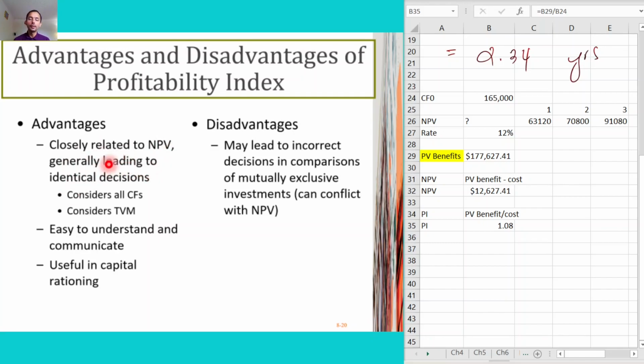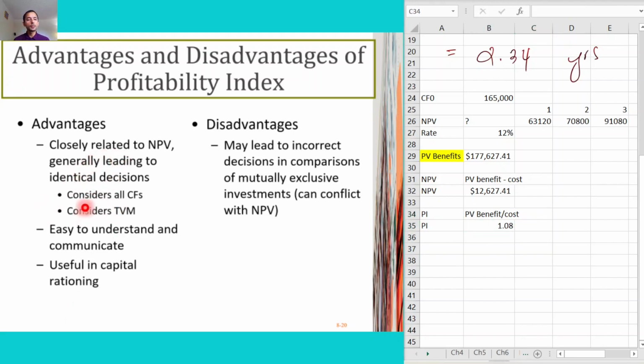That's the reason why it's good to be related to NPV, because whatever NPV says, most likely PI also says the same thing. If your benefit is larger than cost, it will be a positive NPV, and at the same time it will also be greater than 1. Generally, but there are times when they may not provide you the same answer.